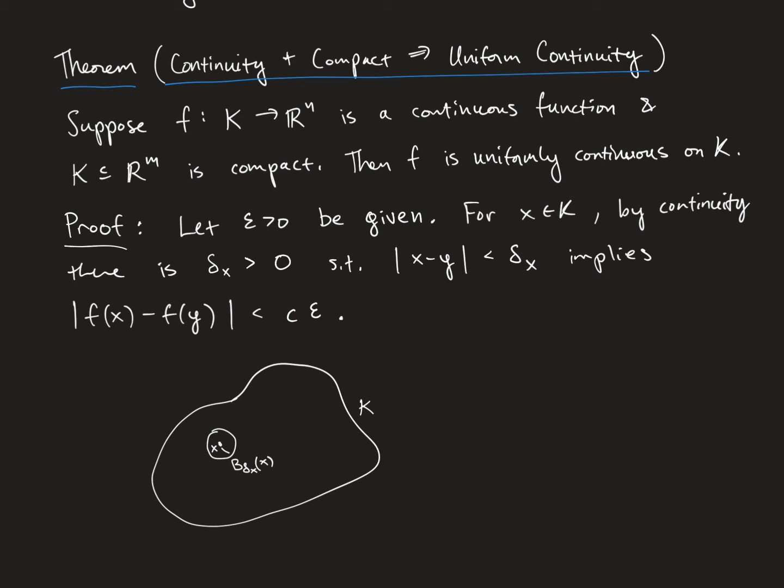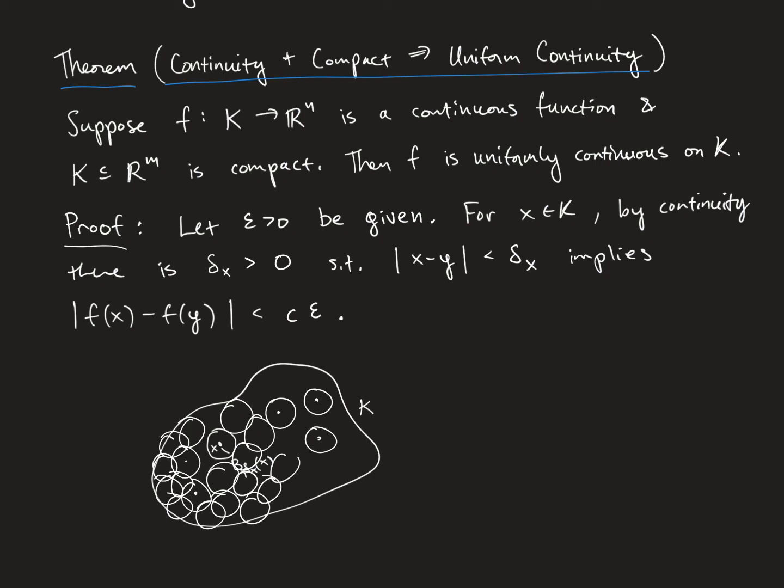But in any case, for every different x in here, I get a little ball around x where a certain property holds. And in particular, if I do this for every single x in K, I'm going to have one of these balls.